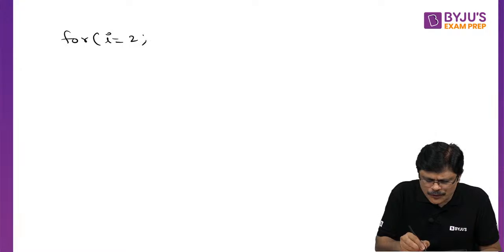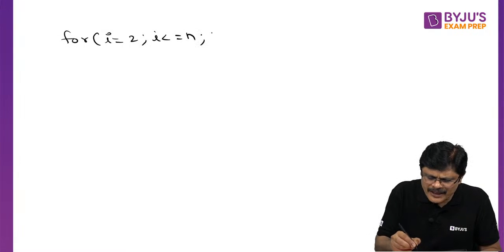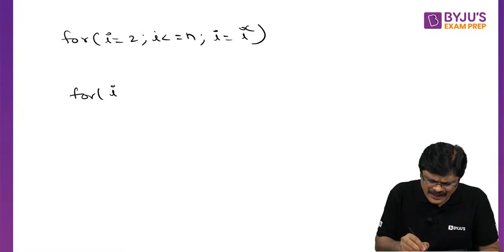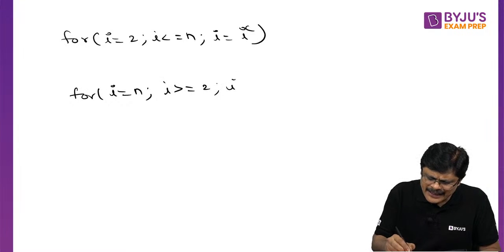i is equal to 2, i less than or equal to n, i is equal to i power c, any constant. And the reverse of it: i is equal to n, i greater than or equal to 2, i is equal to cth root of i.